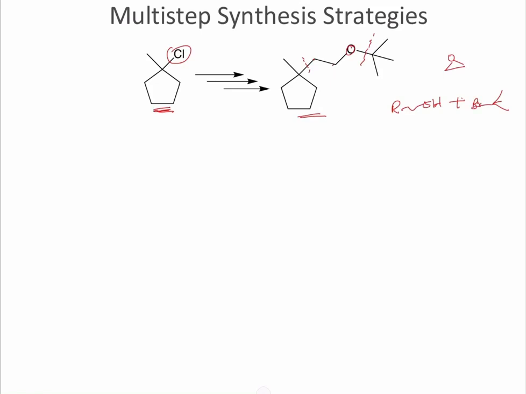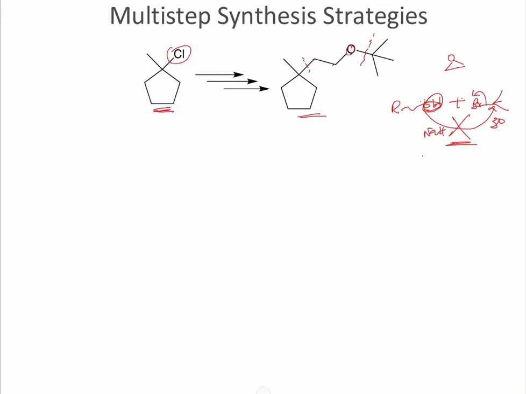an alkyl halide. Okay, so we can remove the proton using sodium hydride, then we use the nucleophile here to attack that position. Now the problem is that is tertiary, so that reaction is not going to work. No SN2 on a tertiary position. So the best way would be to transform the alcohol into an alkyl halide.